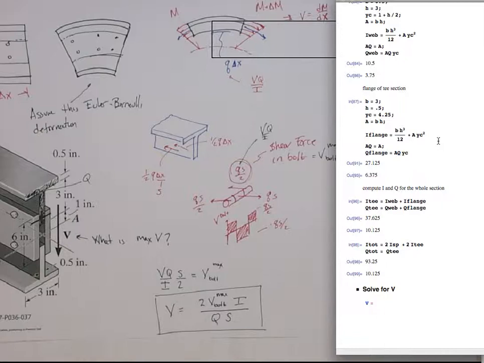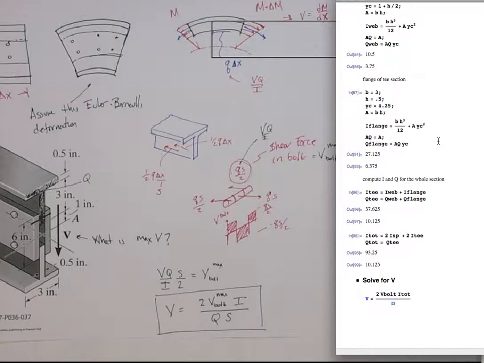So that's going to be 2 times V of the bolt times the I total over the Q total over the bolt spacing. That's the S, okay? And then when I do that, that's the answer in PSI, okay?